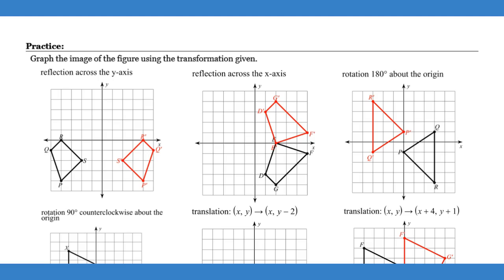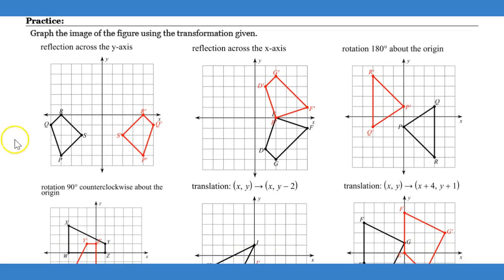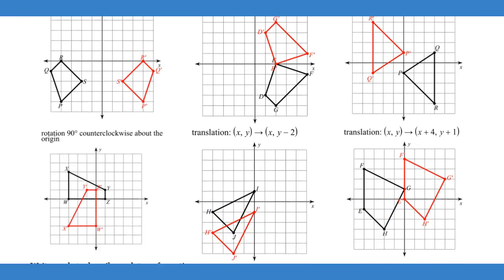Alright, so here are the practice problems. First we have a reflection across the y-axis, then we have a reflection across the x-axis, and in number 3 we have a rotation 180 degrees around the origin. You should have drawn these red figures. That should be what your answers are.